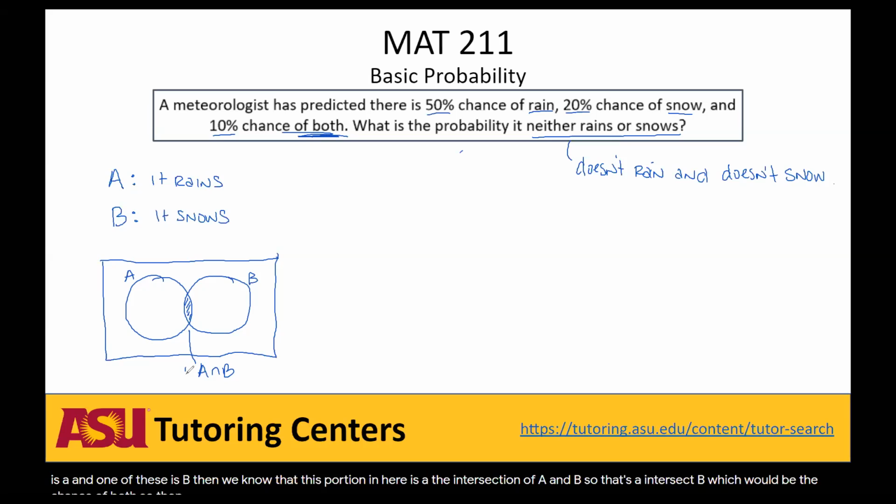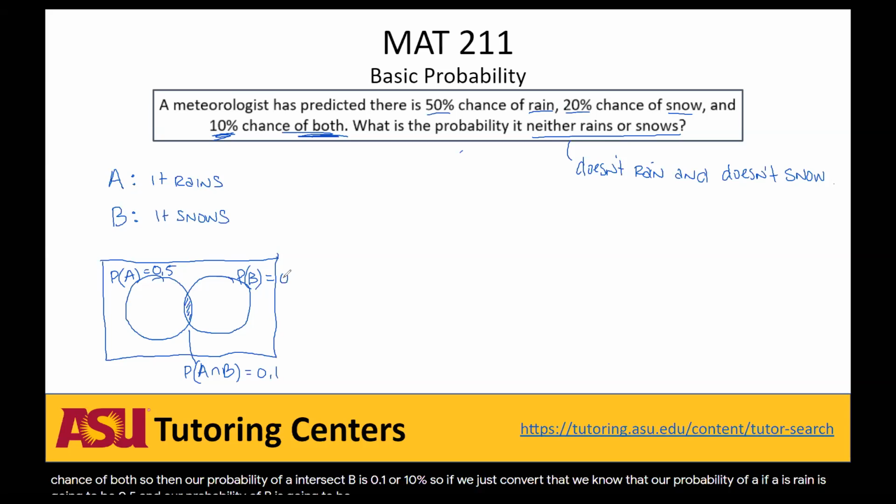So then our probability of A intersect B is 0.1 or 10%. So if we just convert that, we know that our probability of A, if A is rain, is going to be 0.5, and our probability of B is going to be 0.2. And those come from just the rain, just the snow.